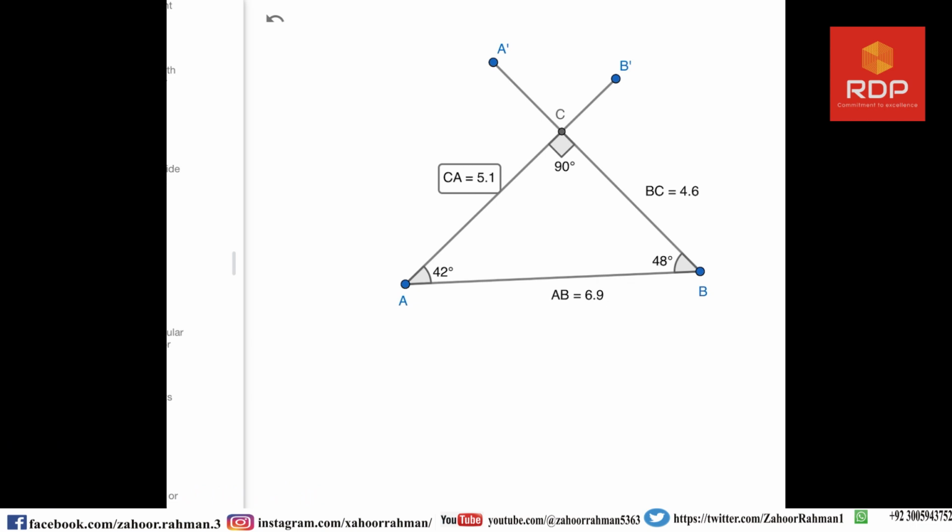So when all the sides are not equal, they are called a scalene triangle. So this is a scalene triangle on the basis of sides, and this is a right angle triangle on the basis of angle measurement.